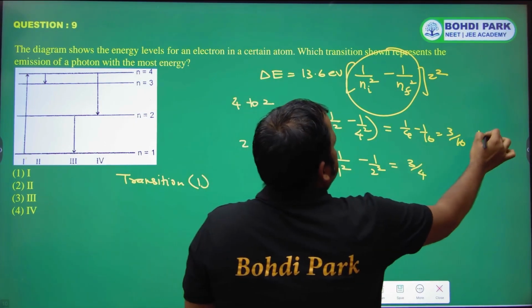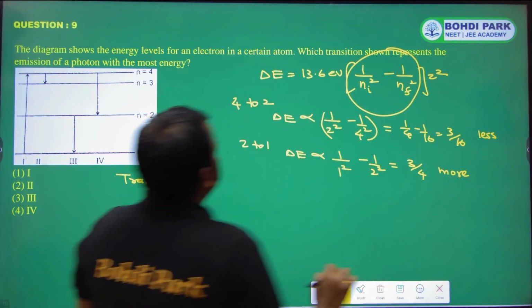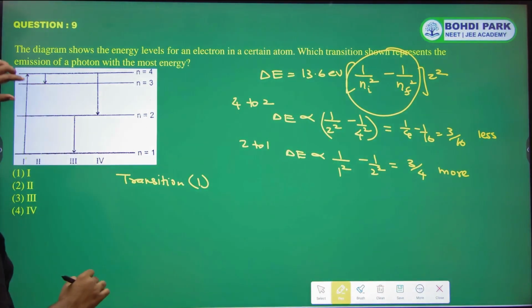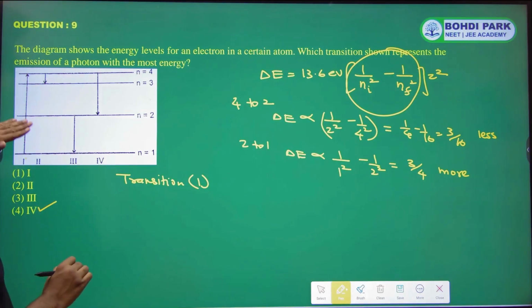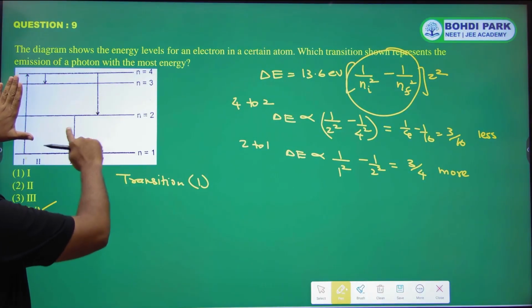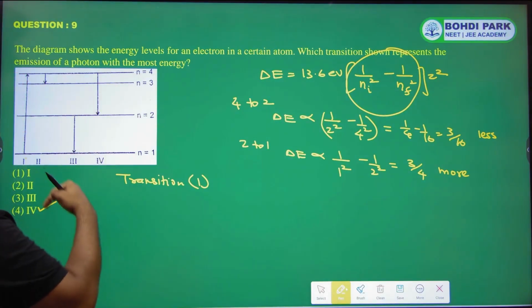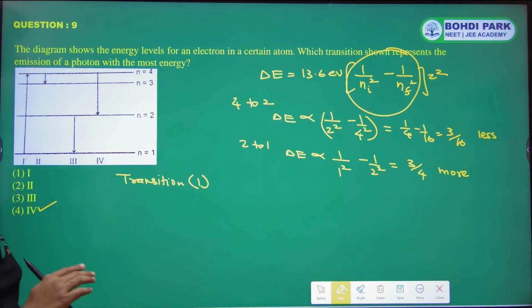So this is less, this is more. So 2 to 1 is more. So if this arrow is opposite, then our answer will be 4. So let's consider this arrow is opposite. So our answer will be 4. If it is between these two, our answer is 2 to 1, that is transition 3. Okay.